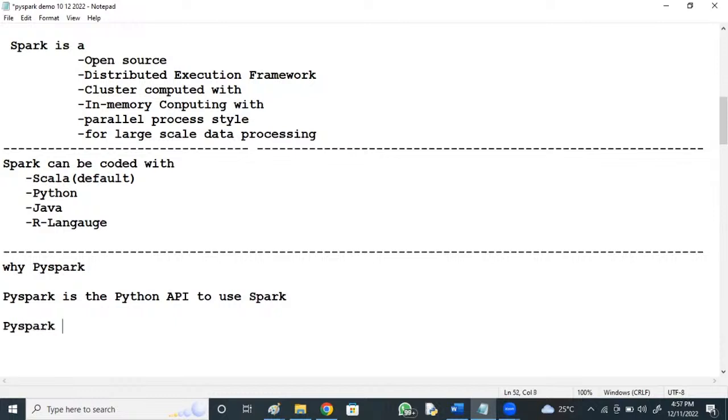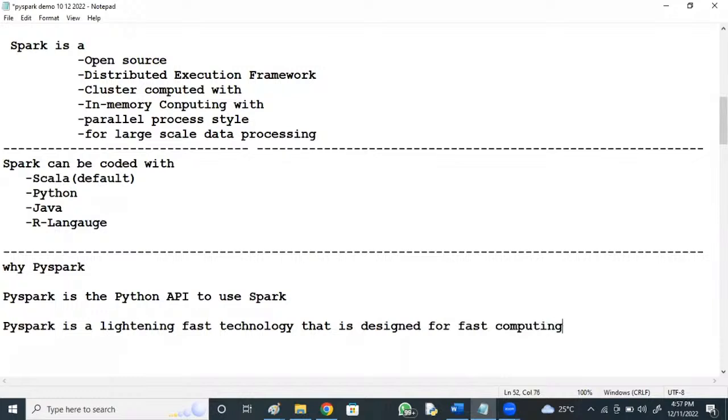So what is PySpark? It's a lightning fast technology that is designed for fast computing, right?